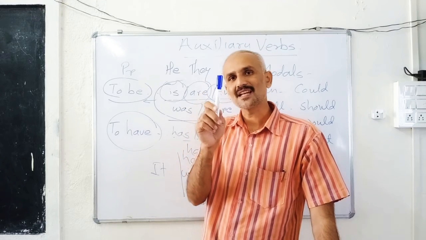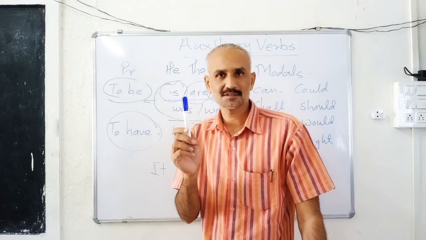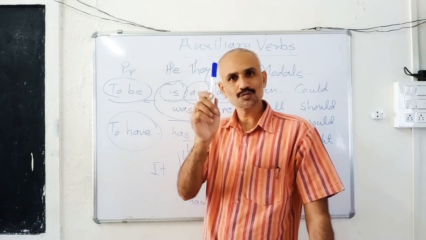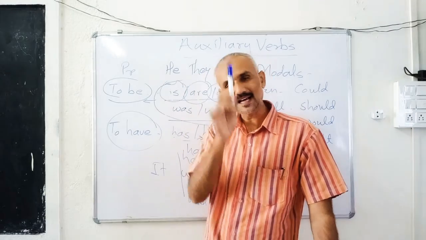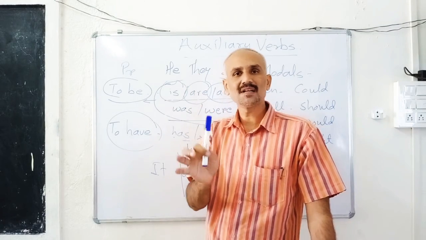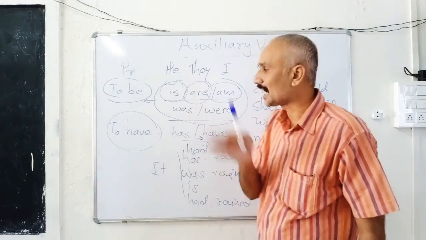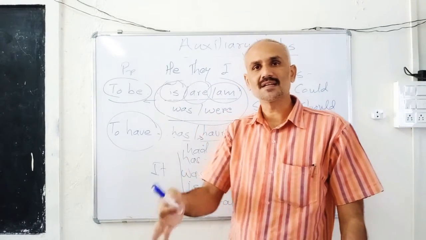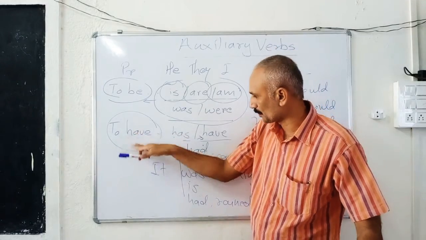But this is a pen because it was unanimously accepted by all of us. So that phenomenon is called arbitrary, and language is an arbitrary one. This is one of the characteristics of language, that language is arbitrary, and so the subject verb agreement or concord is also arbitrary. Now let's talk about the forms of to have.